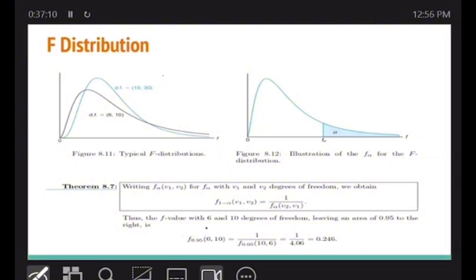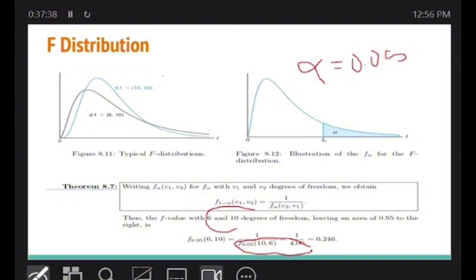If I have 6 and 10 degrees of freedom, and maybe my alpha is 0.05, my alpha is the level of significance, I need to take a look at this.